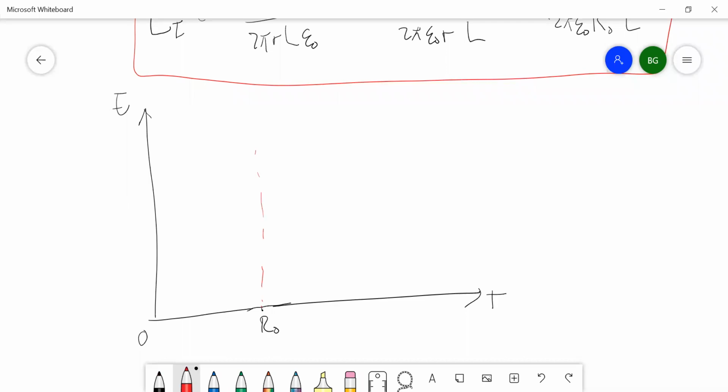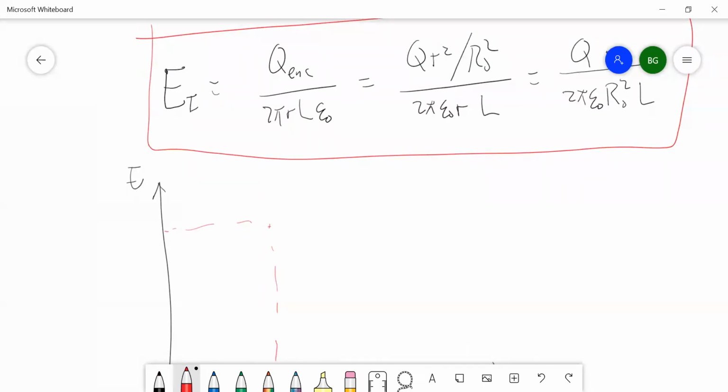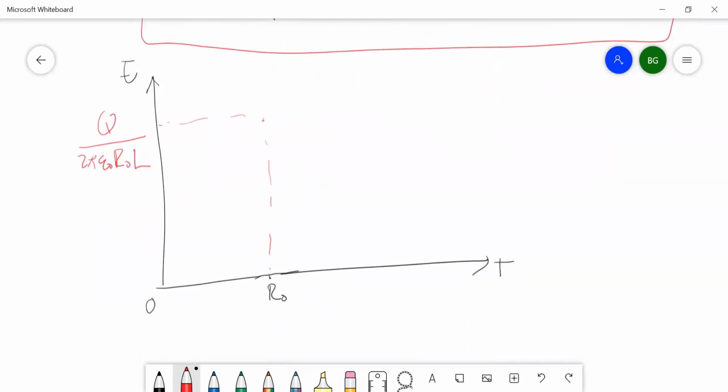Let's say this value is Q over 2 pi epsilon 0 R0 L. So it will be linear until this point, and then decrease like this. Any question?